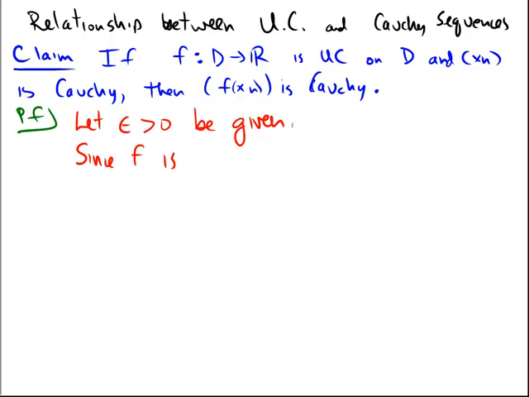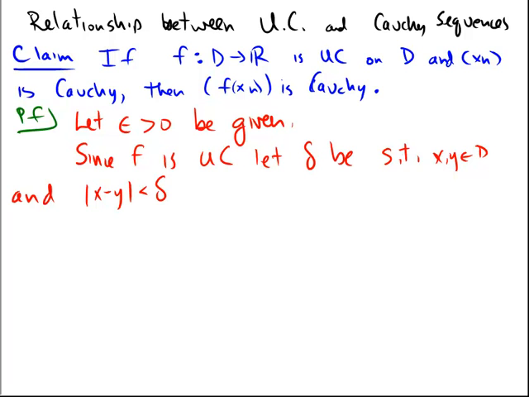Since f is uniformly continuous, we get to have a delta, we don't have to choose it, we know that there is a delta that exists, such that if x and y are in D and the distance between x and y is less than delta, then f of x minus f of y is less than epsilon. Furthermore, we also know that xn is Cauchy.